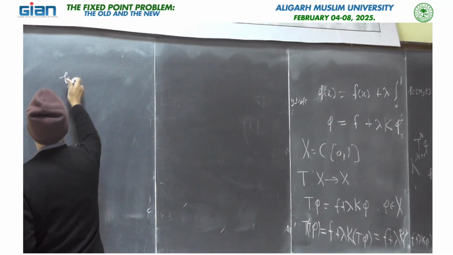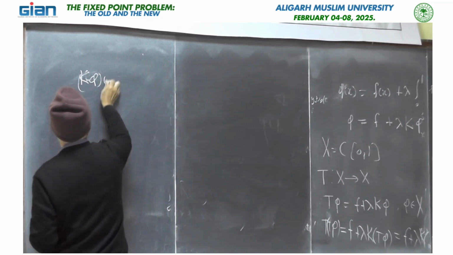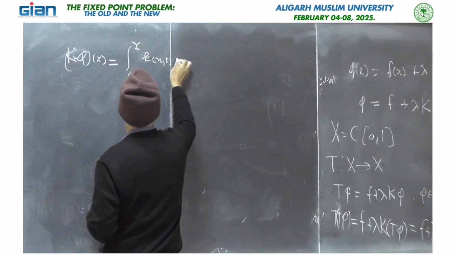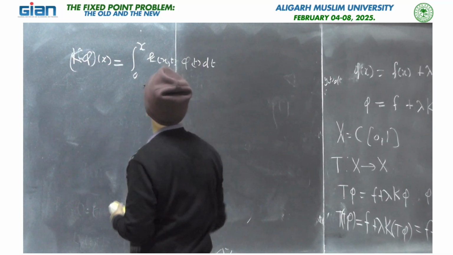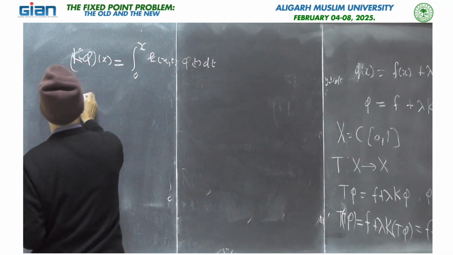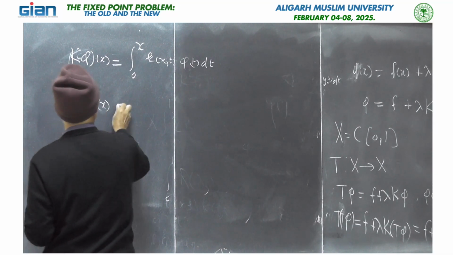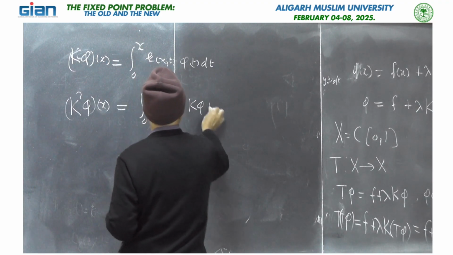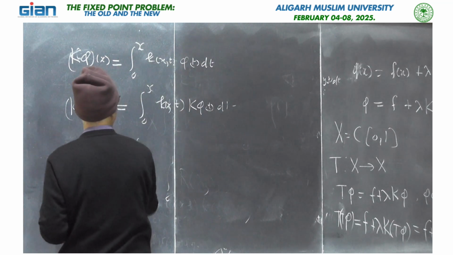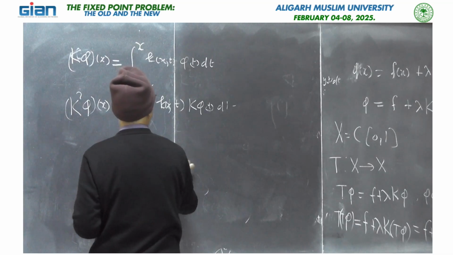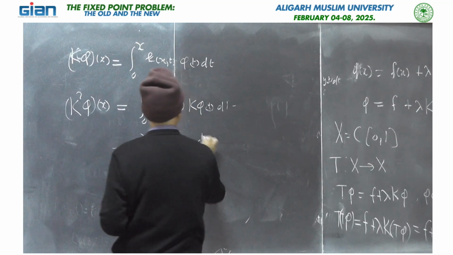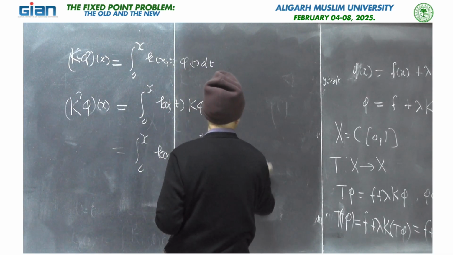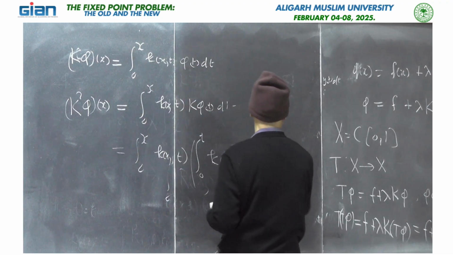Our Volterra operator K phi at x is equal to the integral 0 to x of k(x,t) phi(t) dt, and K square phi at x will be the integral 0 to x of k(x,t) times K phi(t), which is the integral 0 to t of k(t,s) phi(s) ds, and then dt.